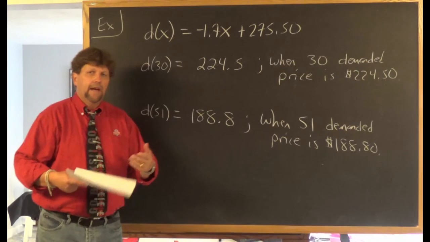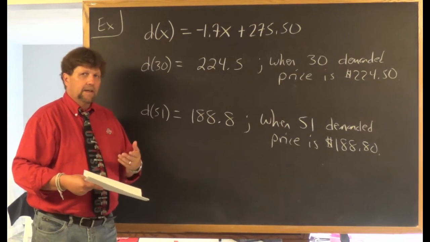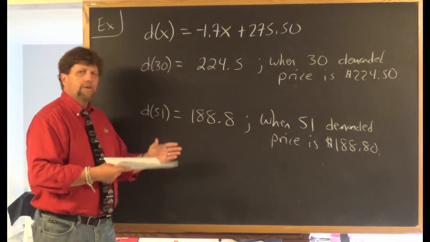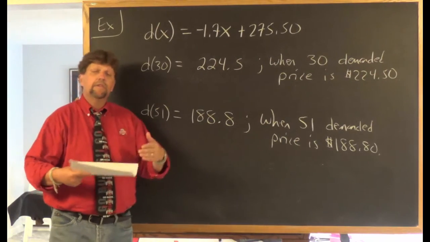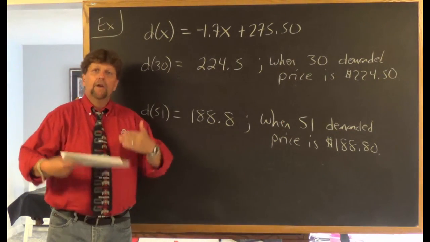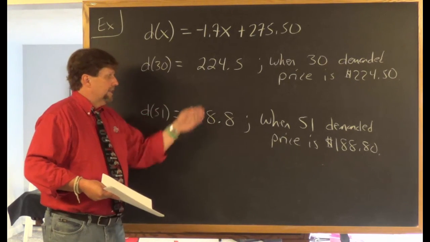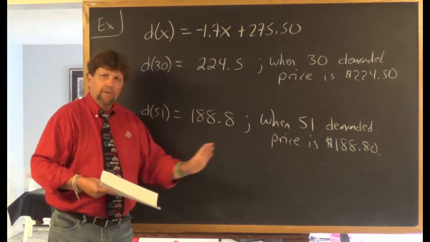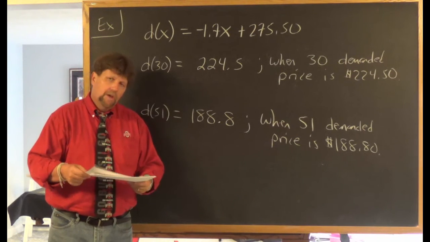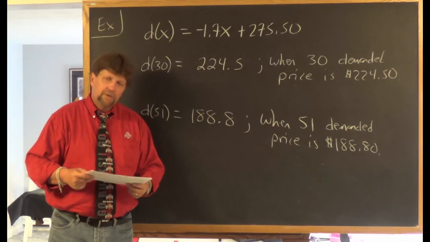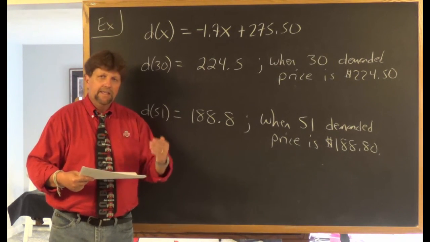And intuitively, that would make sense: when more are demanded, the price is going down. This is from the consumer standpoint. From the consumer's perspective, and I'm a consumer, when I see the prices coming down, I'll be more likely to buy it.